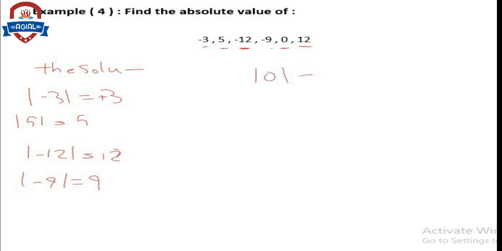The absolute value of 0 is equal to 0. So the absolute value of 0 is 0, and the absolute value of any integer is always equal to a positive number, except 0. And the absolute value of 12 is equal to 12.